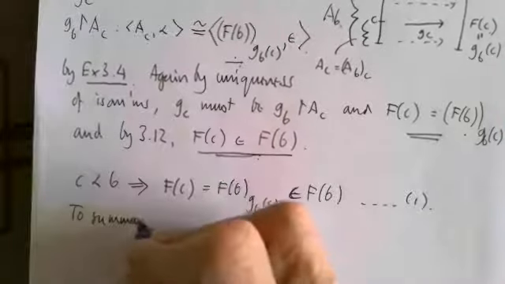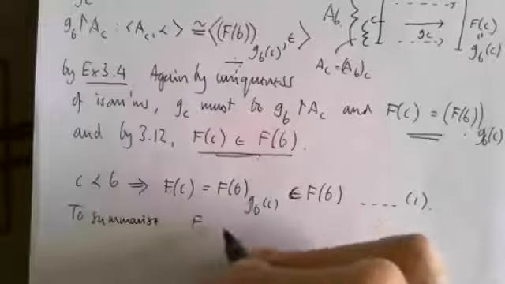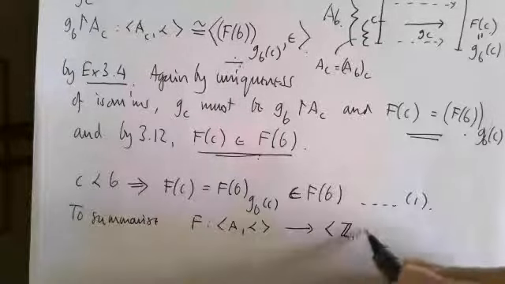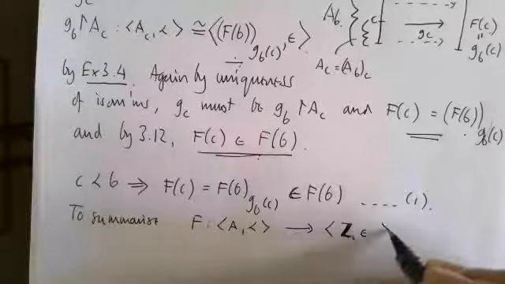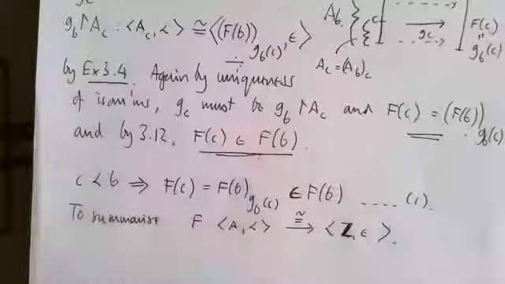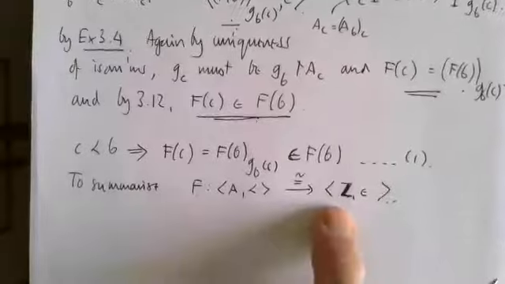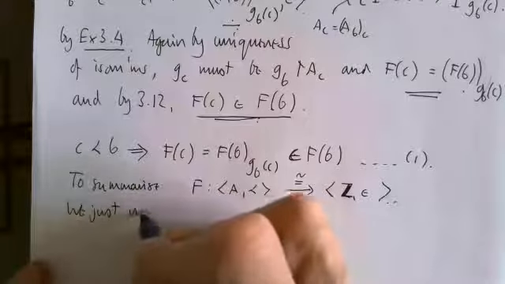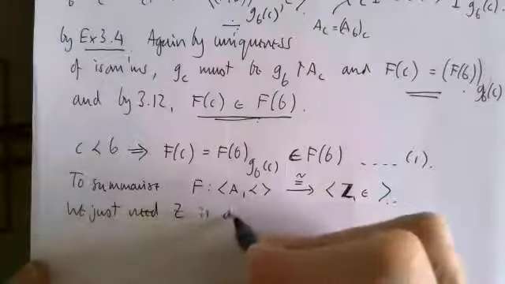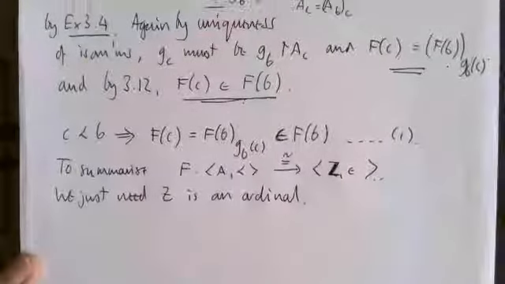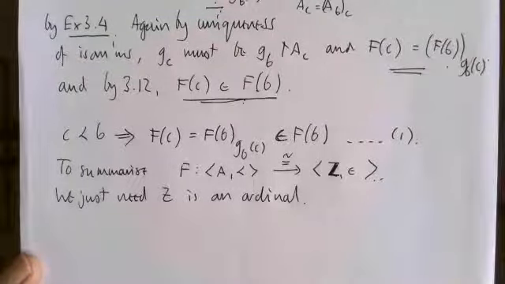To summarize at the moment, what is F doing? It takes A onto Z with epsilon, and I know that it's an isomorphism. I just want that Z is an ordinal, and then I'm finished. What is an ordinal? A transitive set well ordered by epsilon.